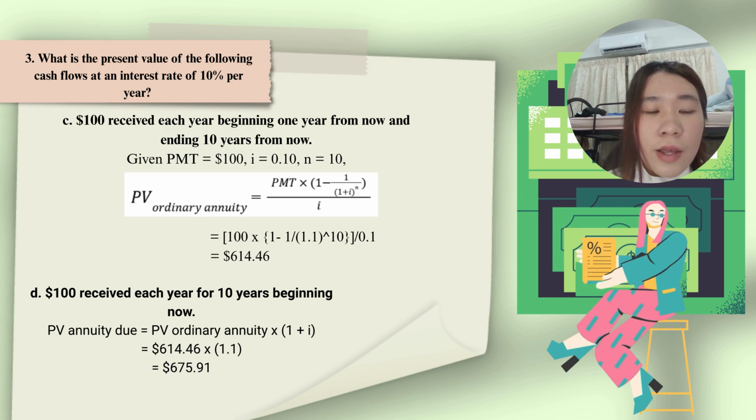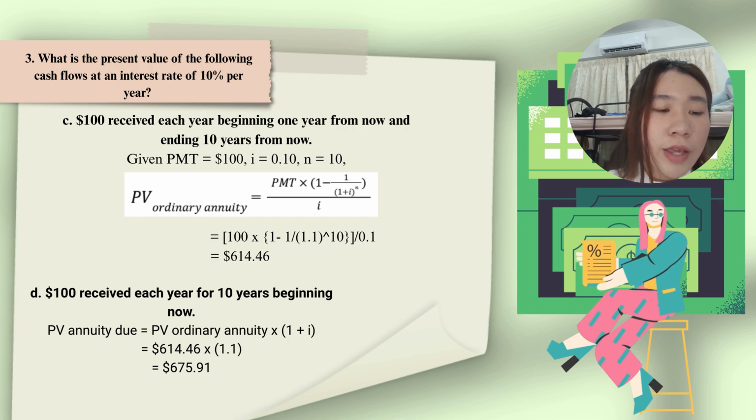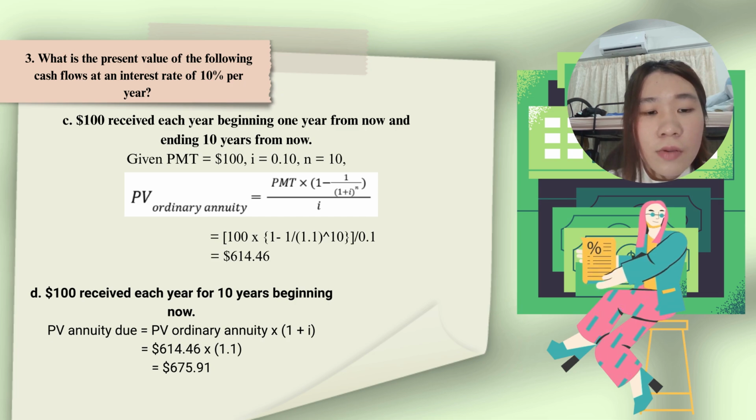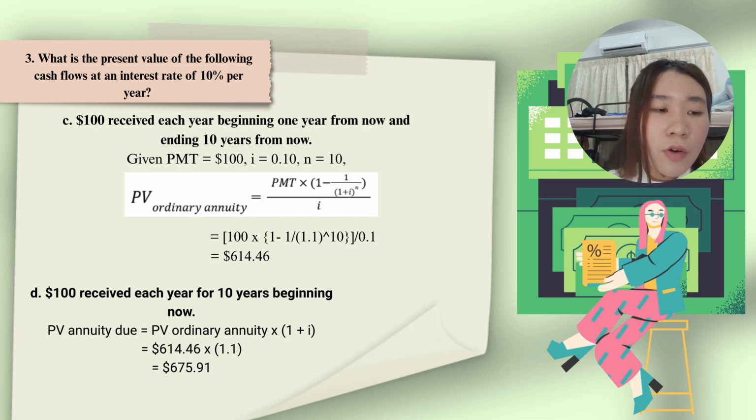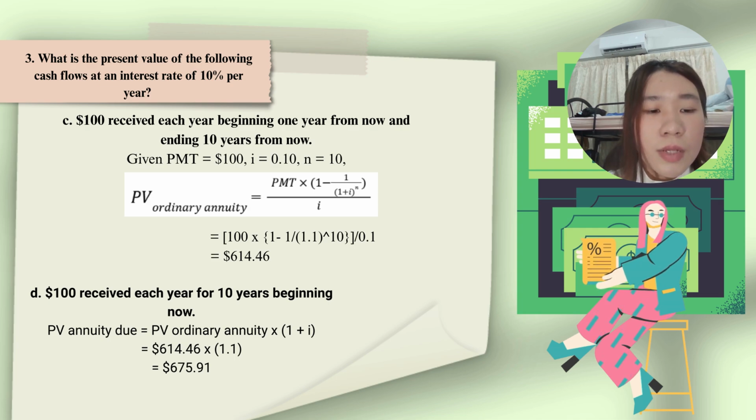We will take the value of the PV ordinary annuity from the previous question, which is $614.46, and multiply by 1.1, which is 1 plus the interest rate of 10%. We will then get that the PV annuity due amounts to $675.91. This implies that the present value of $100 received each year for 10 years beginning now would be $675.91.